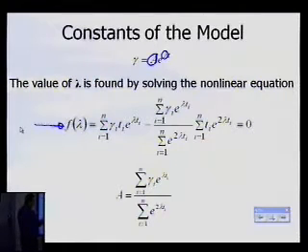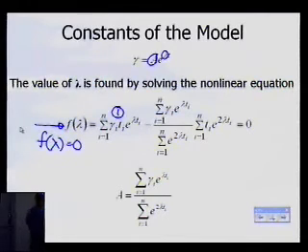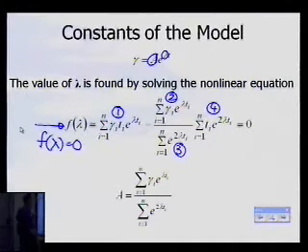This nonlinear equation is f of lambda equal to 0. Many times when people look at this equation, they think it's going to be very complicated. That's not the case. What you have is 4 summations: summation number 1, summation number 2, summation number 3, and summation number 4. All these summations are in terms of lambda.